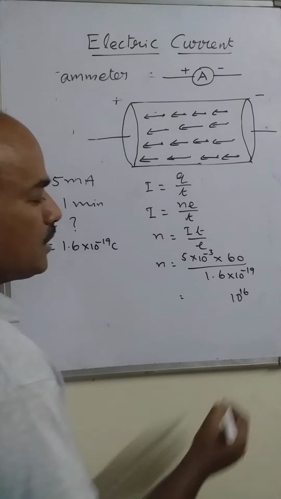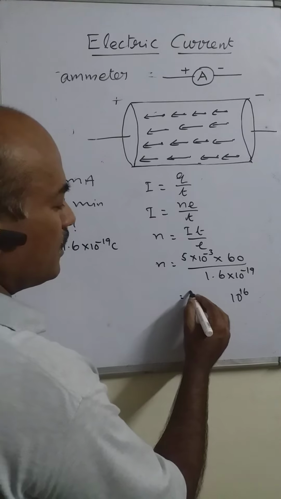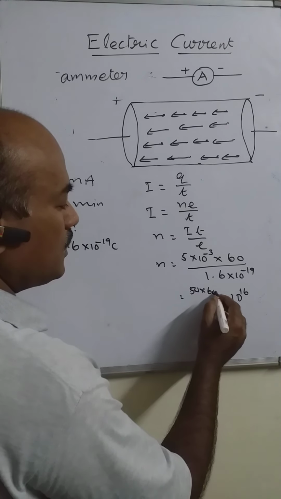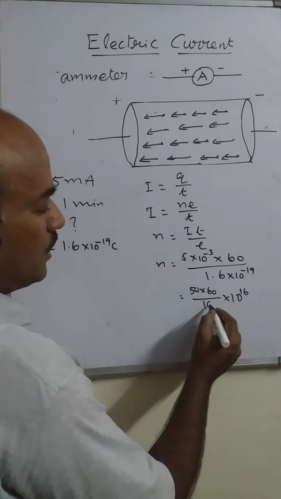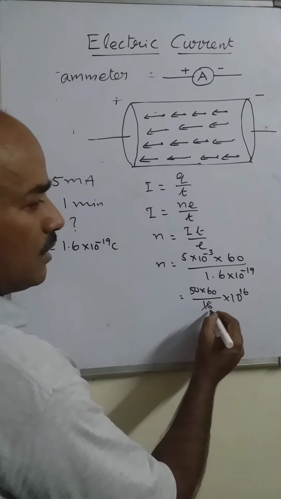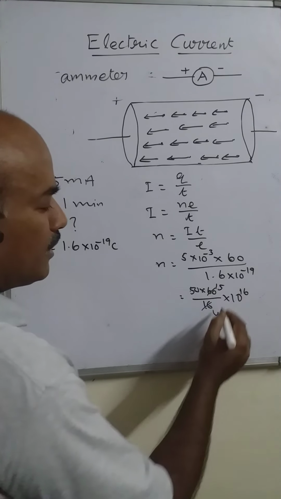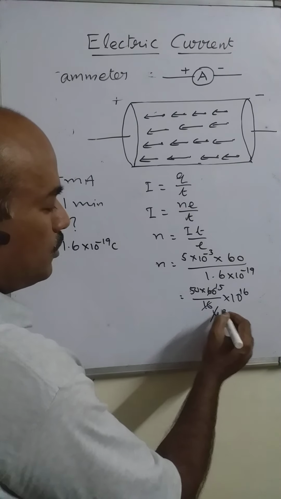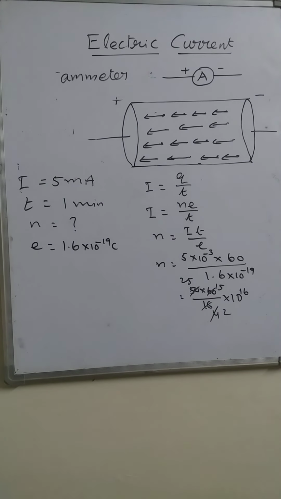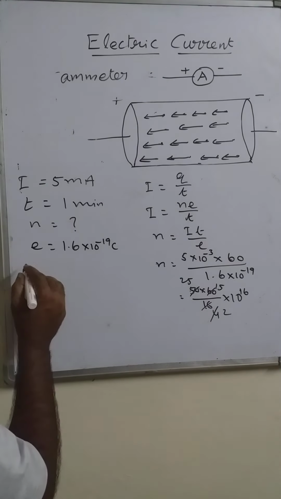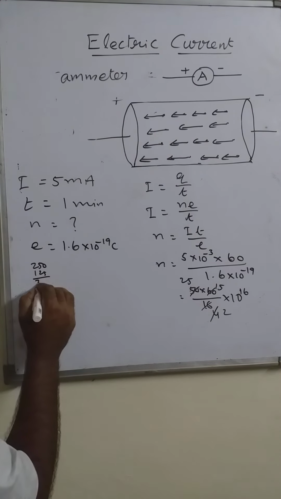Now it is 50 into 60 upon 16. It can be simplified, and then 25 into 15 is 375.